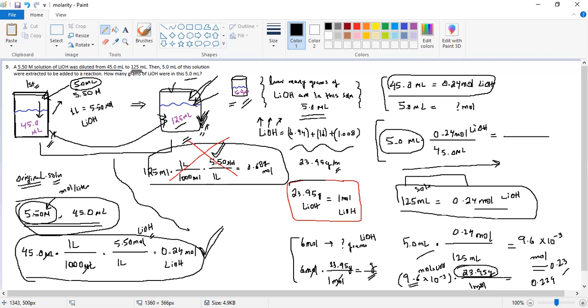We have to find the new molarity oftentimes and then use that as a conversion factor. So that overlap is tempting, but it's not accurate.